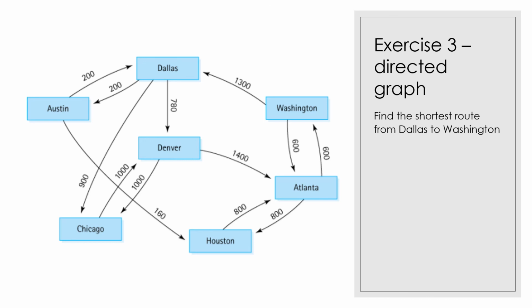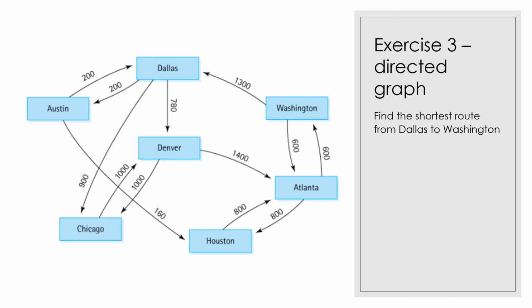And as you see, the arrows show which direction you're allowed to go in. So, for example, there's a flight from Dallas to Denver, but there isn't a flight back from Denver to Dallas. Obviously, I know in real life there would be, but for the purposes of this exercise, these are the only routes you're allowed to take.